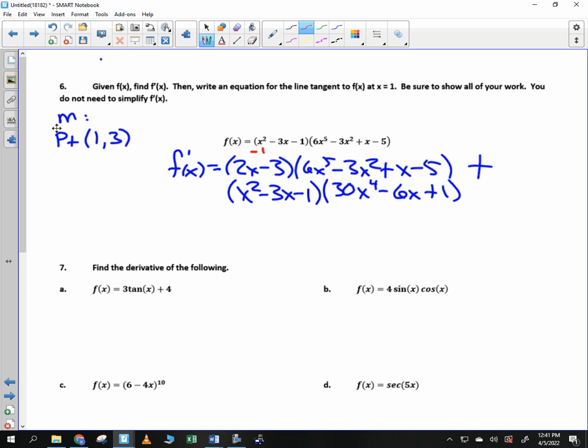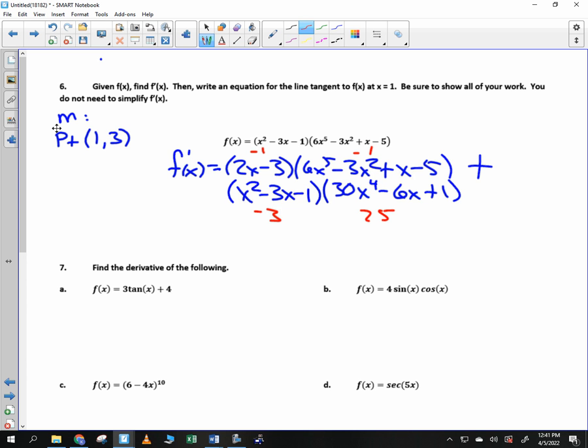If you remember from our work earlier, I believe this came out to be negative 3, didn't it? We plug in 1 here, and we came up with, wait a minute, it came out to be negative 1. The work here came out to be negative 3. And we plug in 1 here, we get 30 minus 6 is 24, plus 1 is 25.